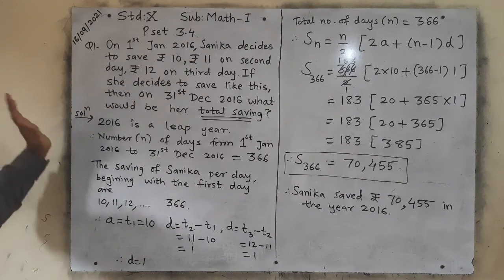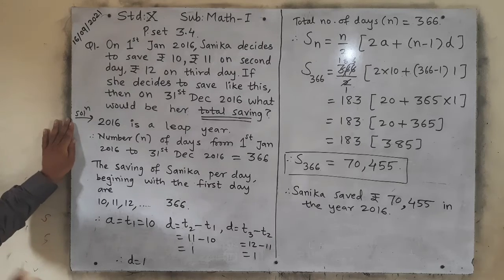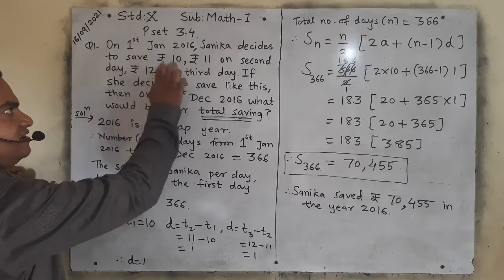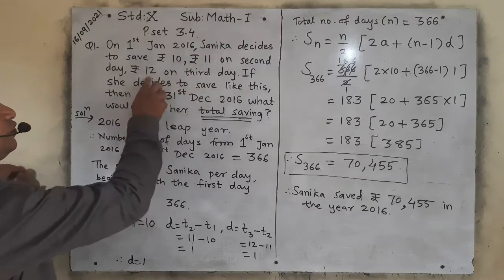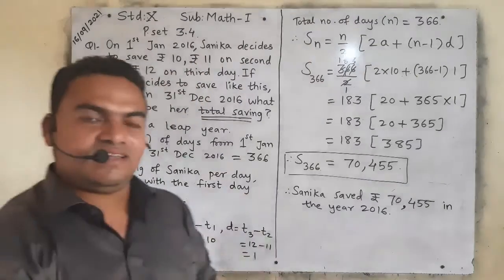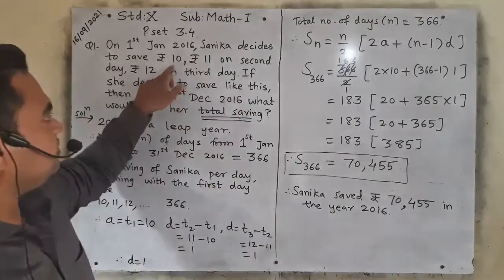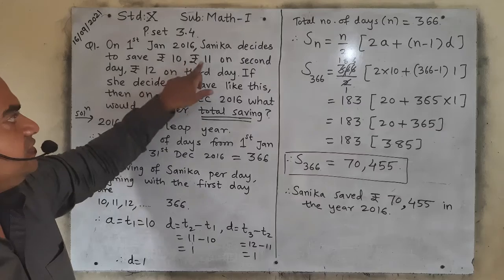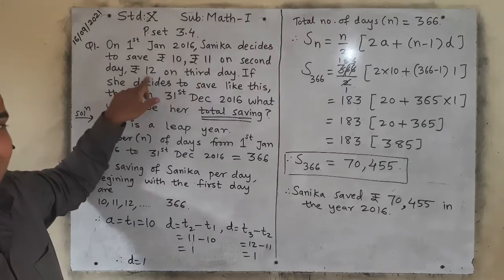Look at the board and understand the first day, 1st January, she decided to save rupees 10, next day 11, third day 12. It means 1 rupee increasing. So the first term, that is T1, that is a, will be 10, T2 is 11, T3 is 12, right?